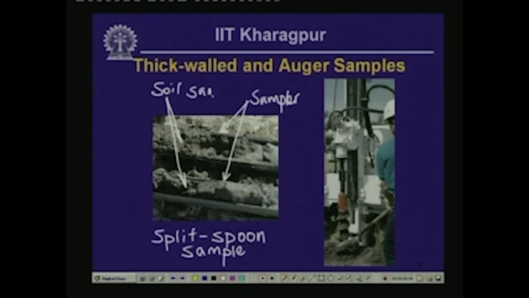If you look carefully, this particular sample is basically a sand sample, and it has got some gravel also in it. You should notice the presence of drilling slurry near this particular portion of the sample.